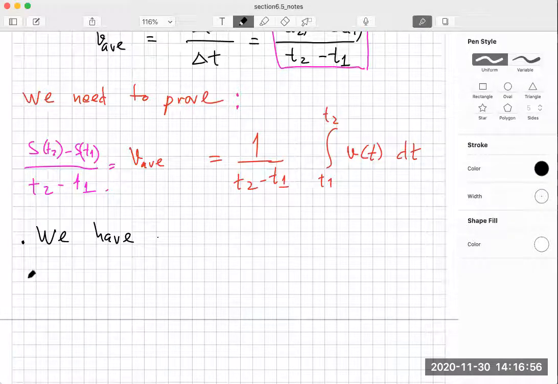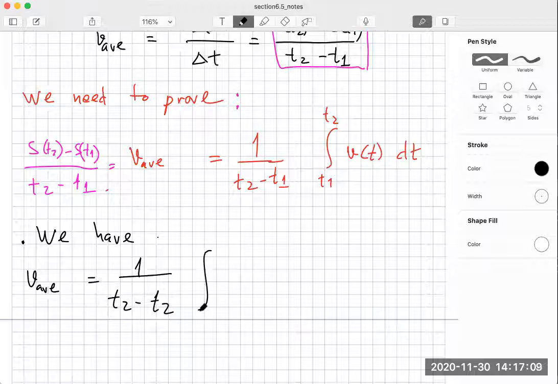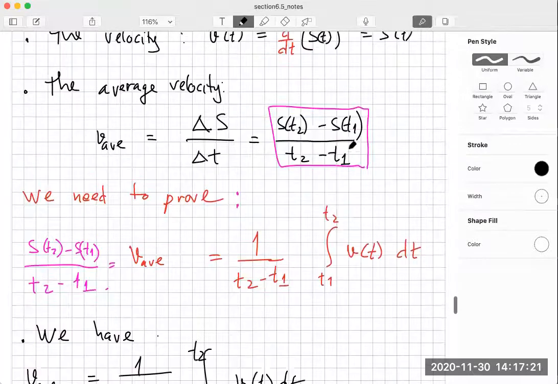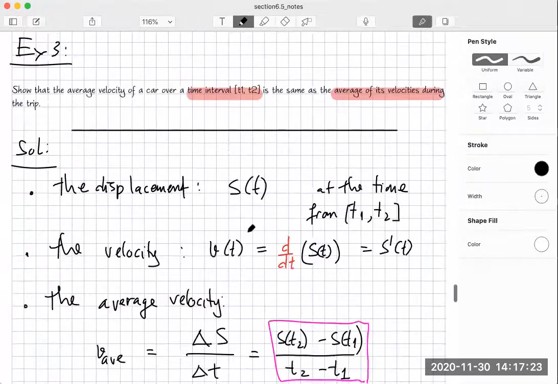We have that according to the mean value theorem, the average velocity is 1 over t2 minus t1 times the integral from t1 to t2 of v(t) here, right? And let us replace v(t) by this relation.